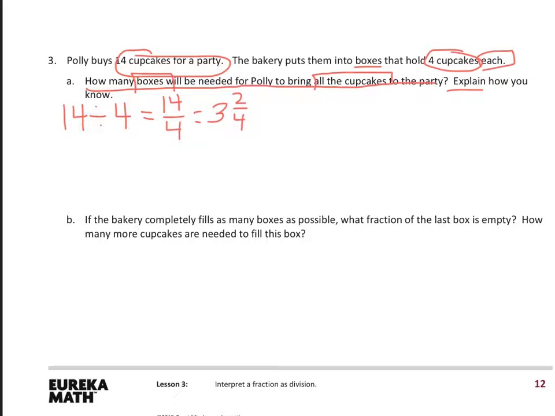So it looks like the 3 is going to tell me how many boxes I'm going to have. So there's going to be 3 boxes that are completely full with 4 cupcakes in each, so that's 12. And there's going to be 2 cupcakes left over out of the 4. So if there's 2 cupcakes left over, that means I'm going to need another box, because the question says how many boxes will be needed to bring all the cupcakes.